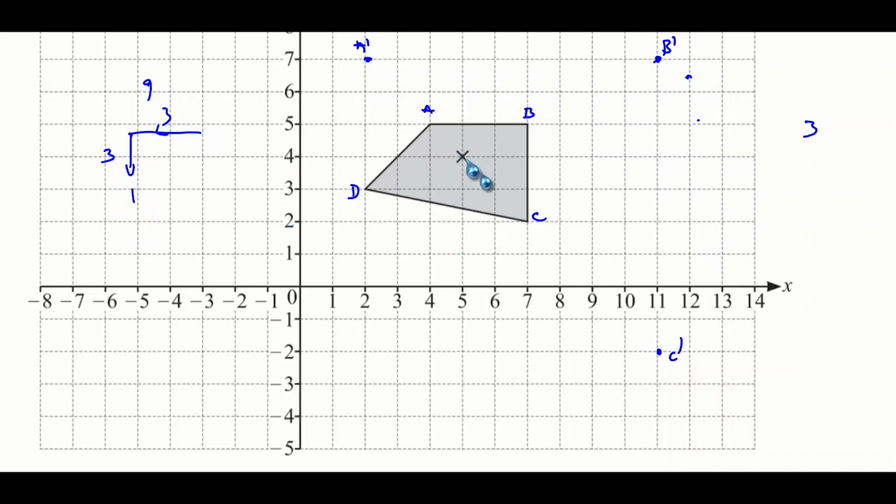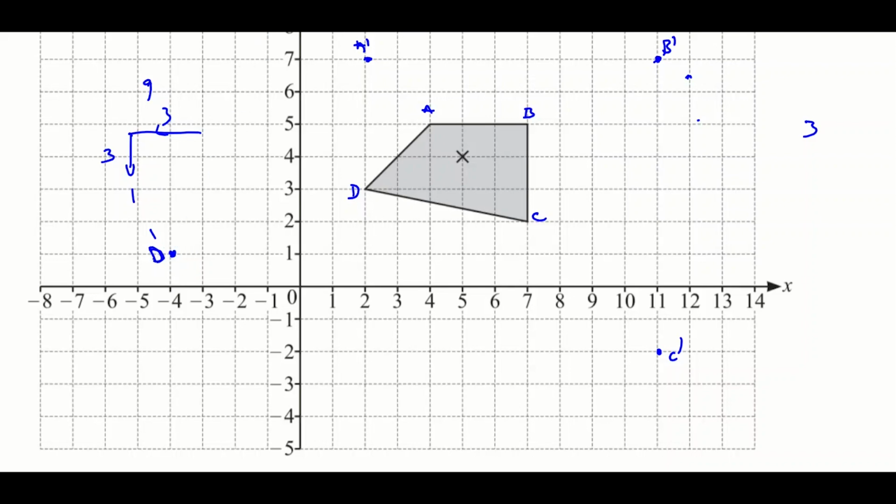Okay, from the center of enlargement, let's count 9 to the other side. 1, 2, 3, 4, 5, 6, 7, 8, 9. Then 3 downward. 1, 2, 3. So it will be here. That will be D prime.